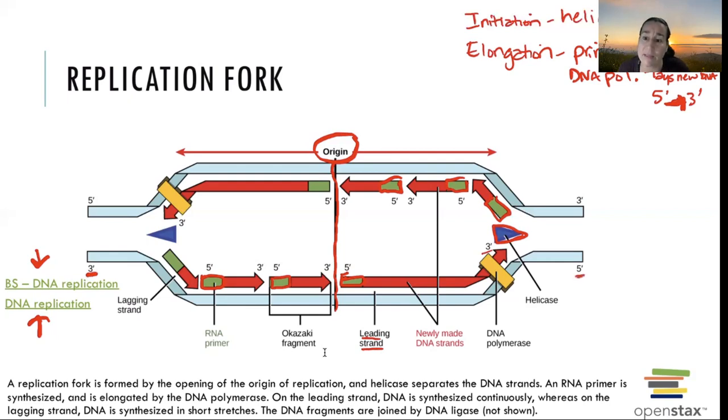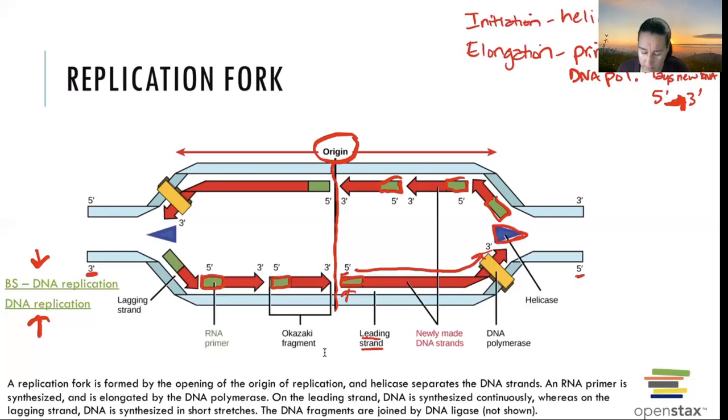So remember we said they were anti-parallel. This is perfect. Our DNA pol is going to stick onto that primer that's stuck on at the origin. So here's your little primer stuck on right at the origin. DNA polymerase sticks onto that primer and then starts running, laying down the new DNA in the 5' to 3' direction. So this is perfect for this leading strand.